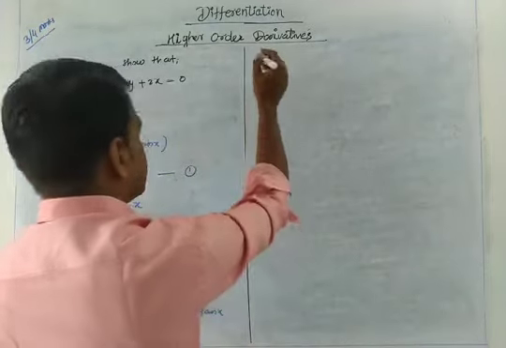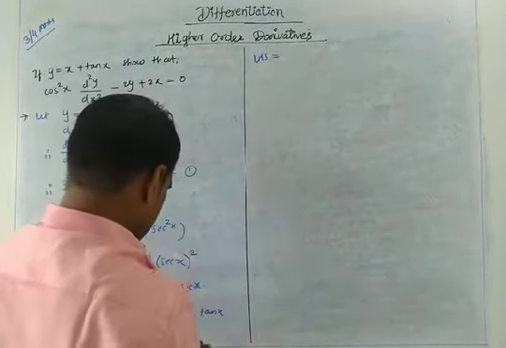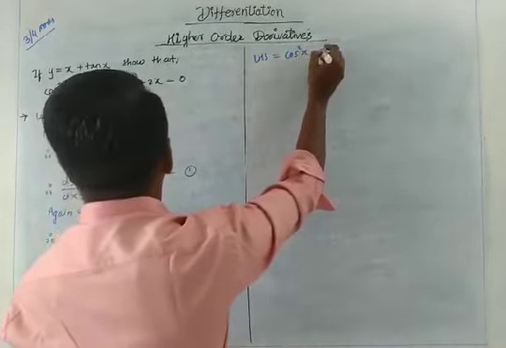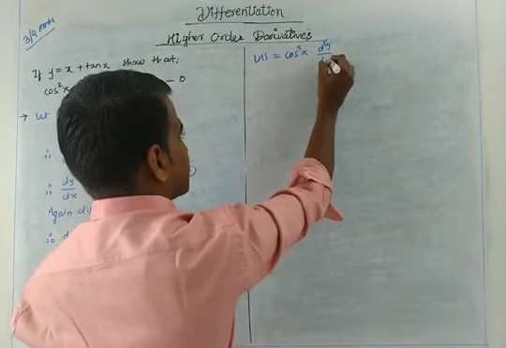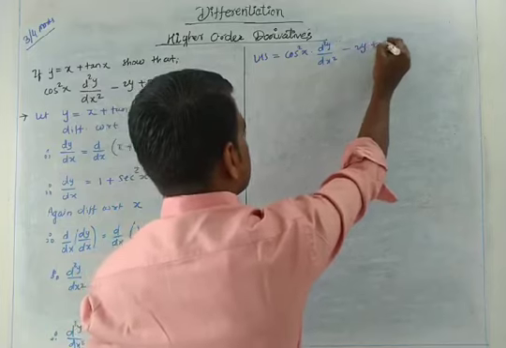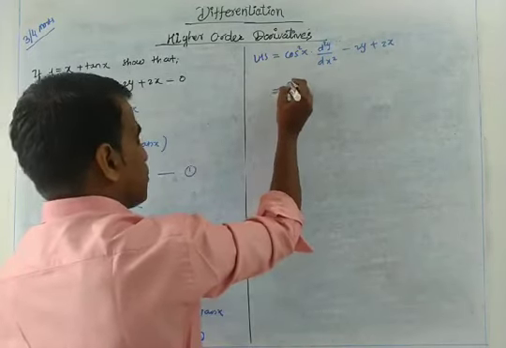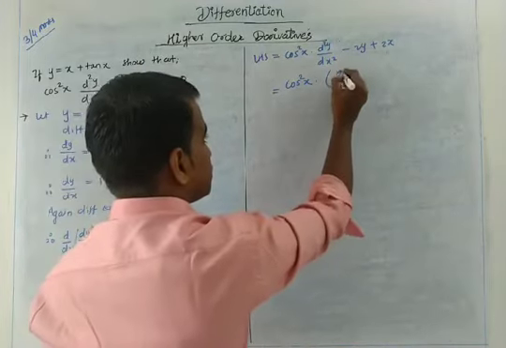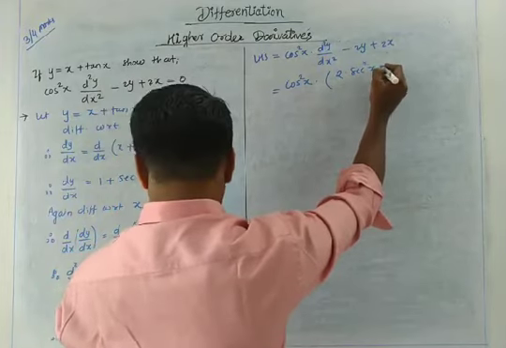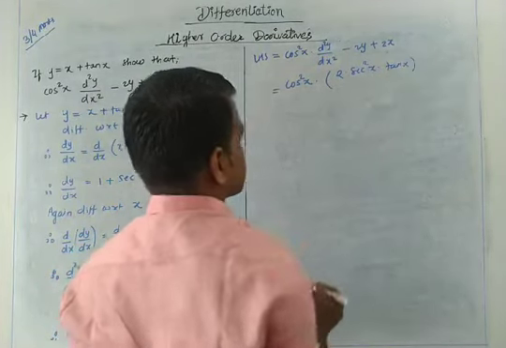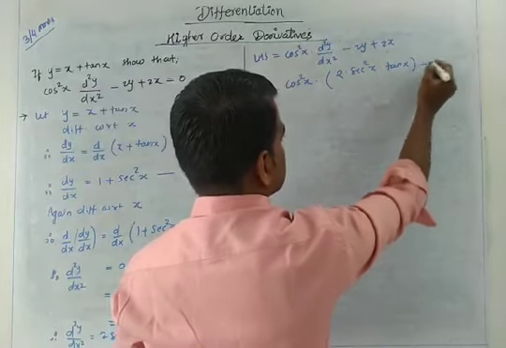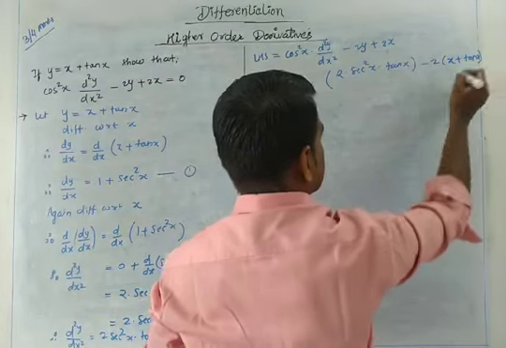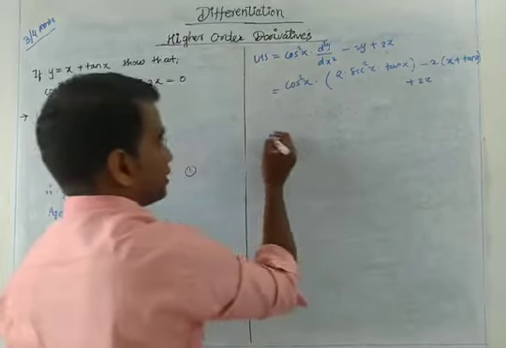Now start with LHS. LHS is equal to, give it number 2, cos square x into d square y upon dx square minus 2y plus 2x. So cos square x into value of d square y by dx square is 2 into sec square x into tan x, minus 2 into value of y, which is x plus tan x, plus 2x as it is.